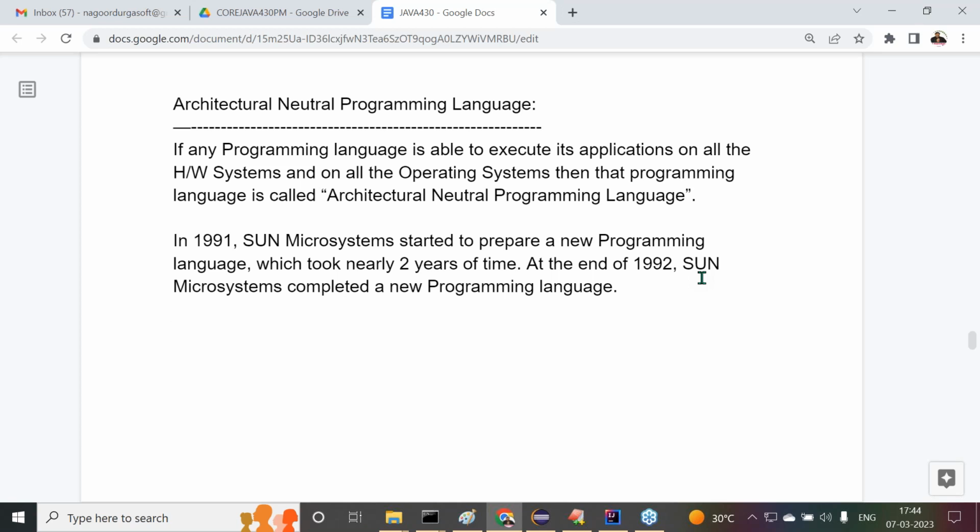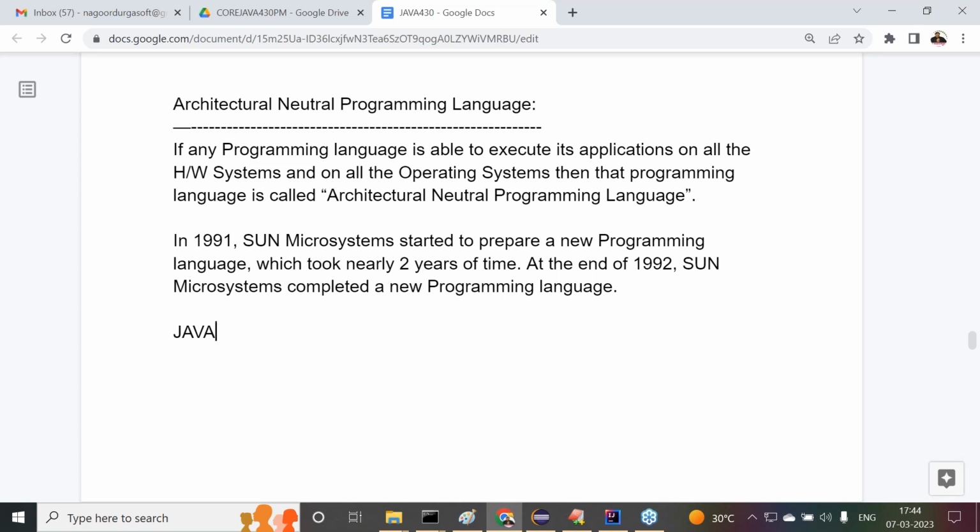They used to take one brand labeled coffee, and the name of that coffee is Java.